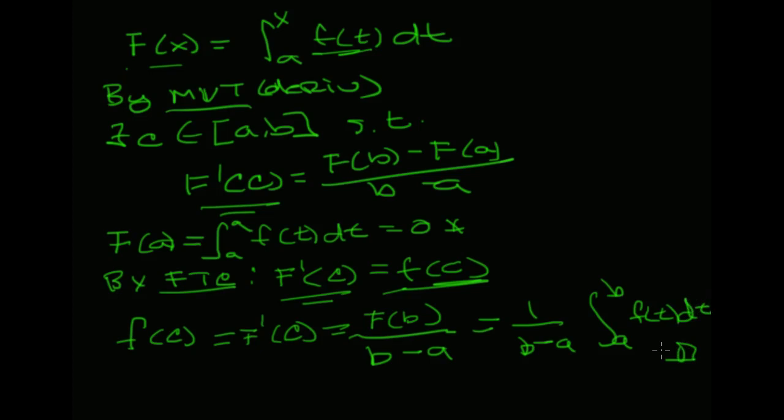There it is. I've got little f of C is equal to 1 over B minus A of the integral from A to B of f of t dt. I'm good. You can replace the t's here with x's if you want to. It doesn't matter.